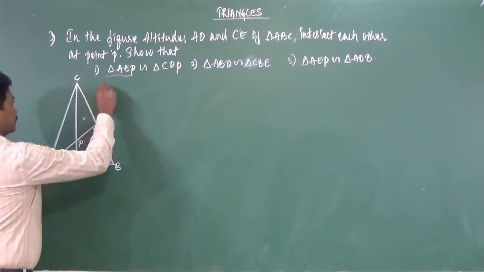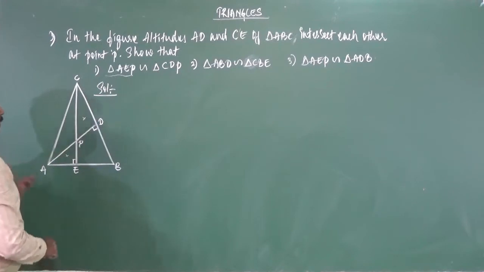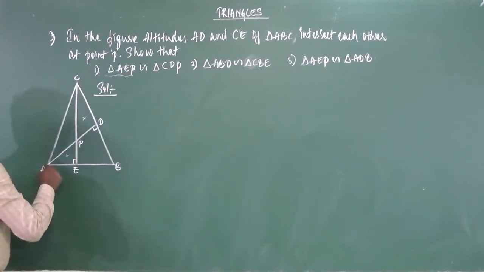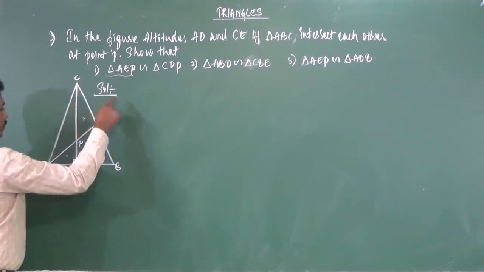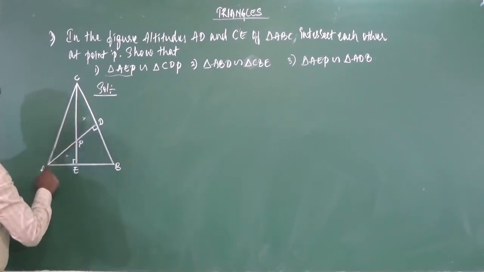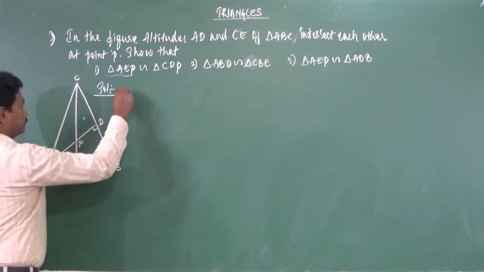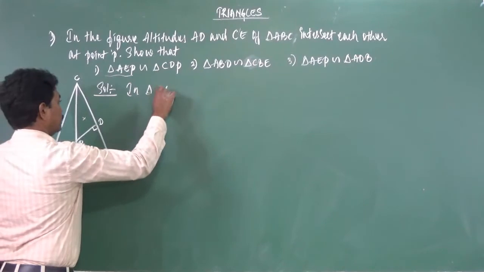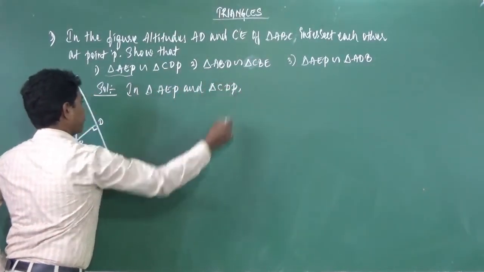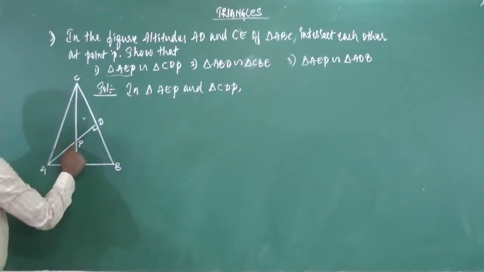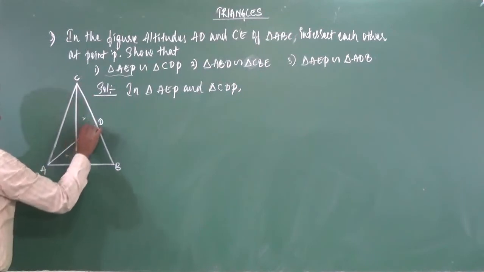Right. So let us get into the solution directly. In triangle AEP and triangle CDP, right, angle PEA is equal to angle CDP, that is 90 degrees.